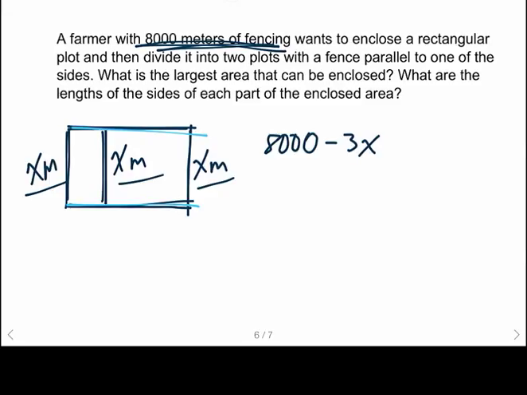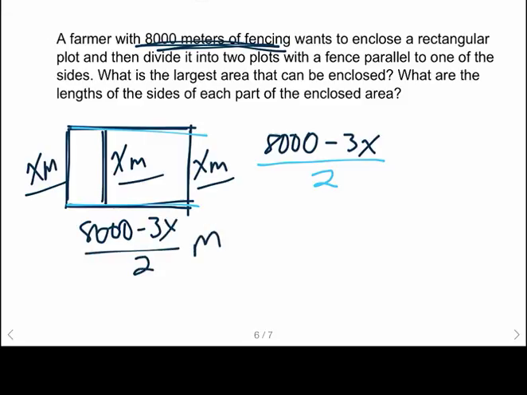Since there are 2 of those, we take that 8,000 minus 3x, cut it in half, and we have 8,000 minus 3x over 2 meters for the longer dimension. Now back to our problem. What's the largest area that can be enclosed, and what are the lengths of the sides of each part of the enclosed area? The largest area that can be enclosed, I read that as maximum.